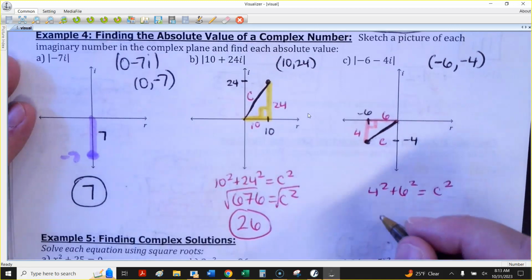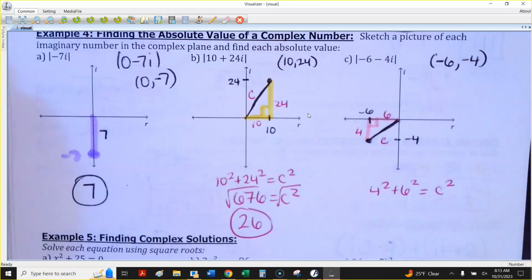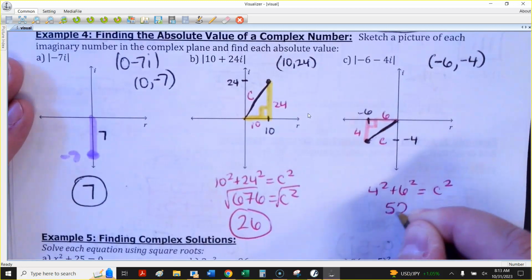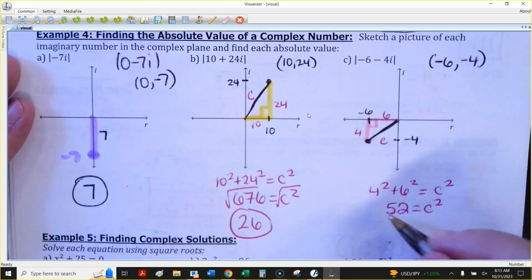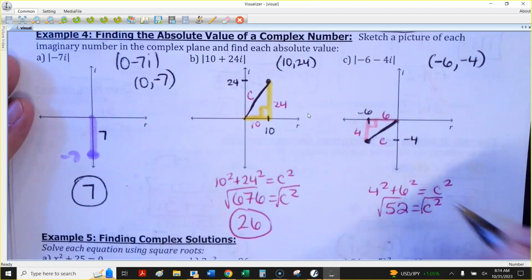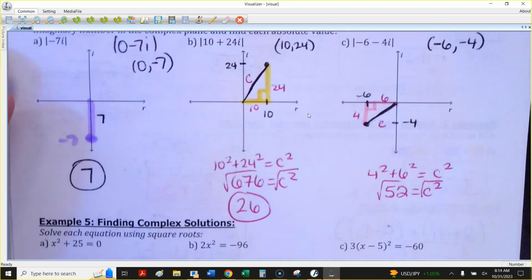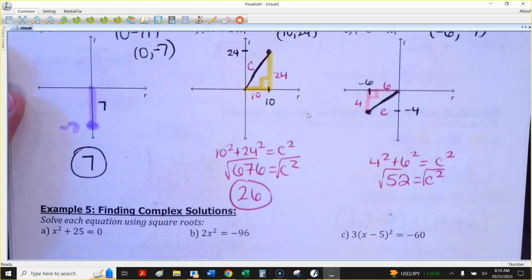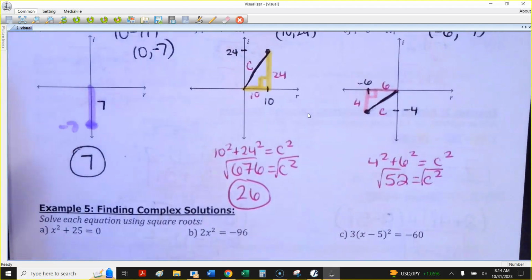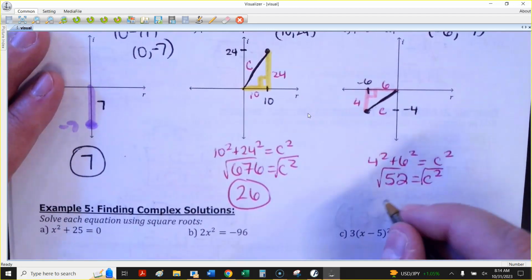All right, so I got 16 and 36, which is going to give me 52. Is 52 divisible by any perfect squares? I think it's divisible by 4. Let me check. Yes, it is. So I can break this down a tiny bit.